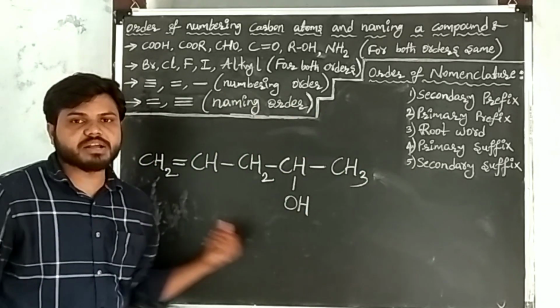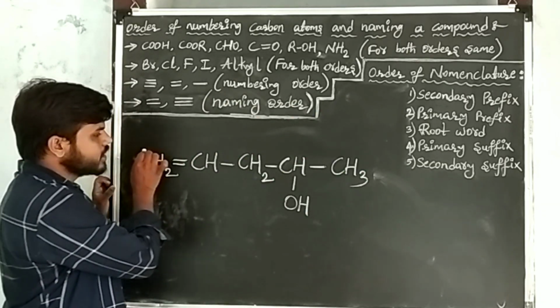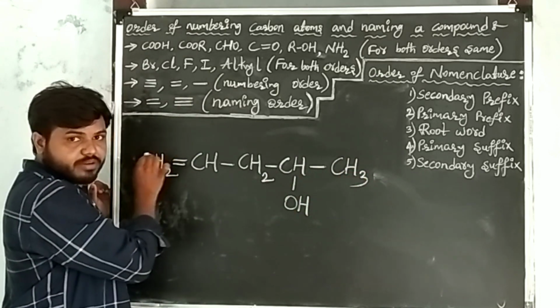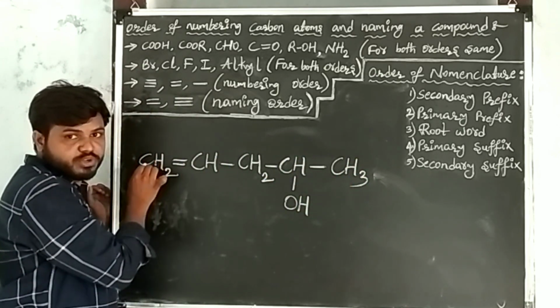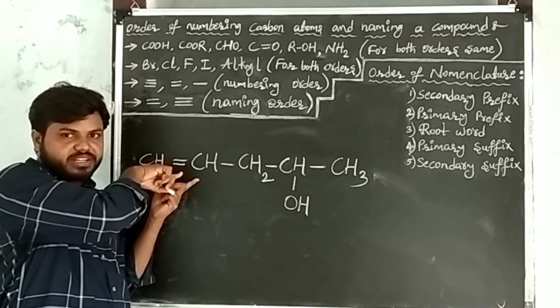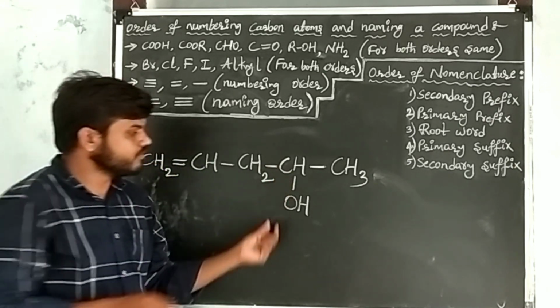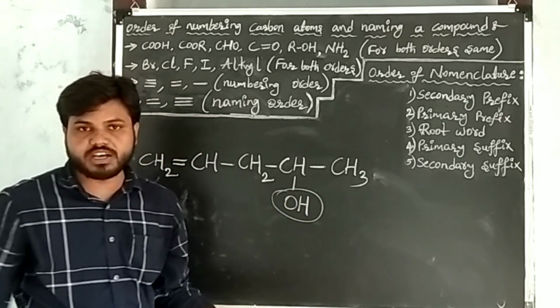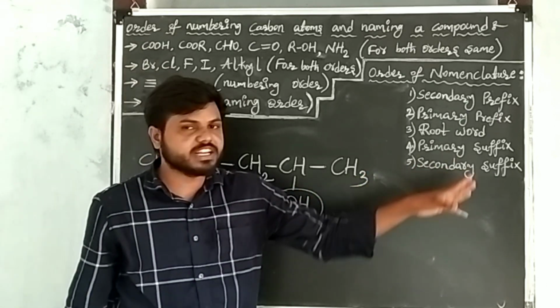This is given carbon compound. In the given carbon compound, this is the principal chain of the carbon compound. Between these two carbons, one double bond there, and at this carbon, one functional group there, that is alcohol. This alcohol belongs to secondary suffix.